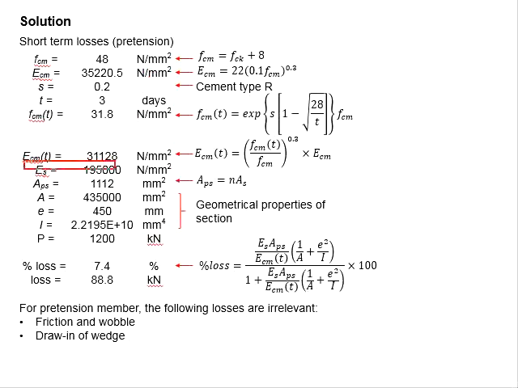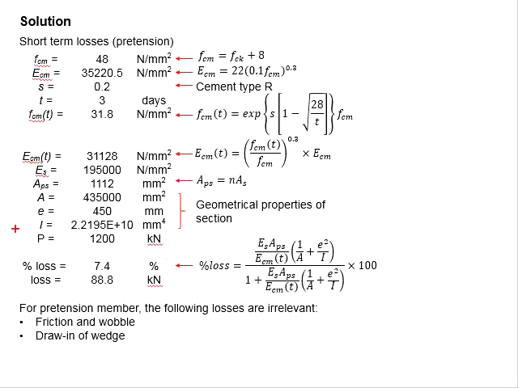Modulus of elasticity of the steel tendons is given here. Aps is calculated by multiplying the number of tendons and their cross-sectional area. The A, e, and I refer to the geometrical properties of the section, which we have calculated in the previous example, in the previous chapter.